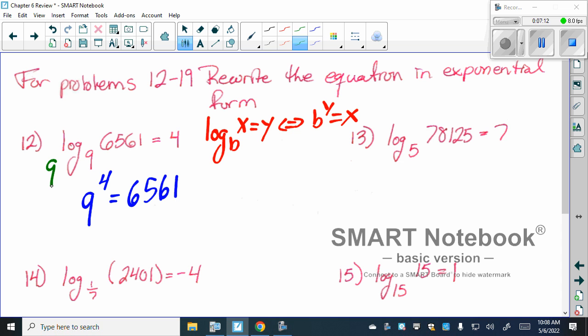They cancel out, yes? So this would cancel out, leaving us with 6,561. What I do to one side, I have to do to the other, so it'd be 9 to the 4th equals 6,561. So what we did for solving, we could actually do here and change it from logarithmic to exponential. We don't have to just use this here. It's the same method.